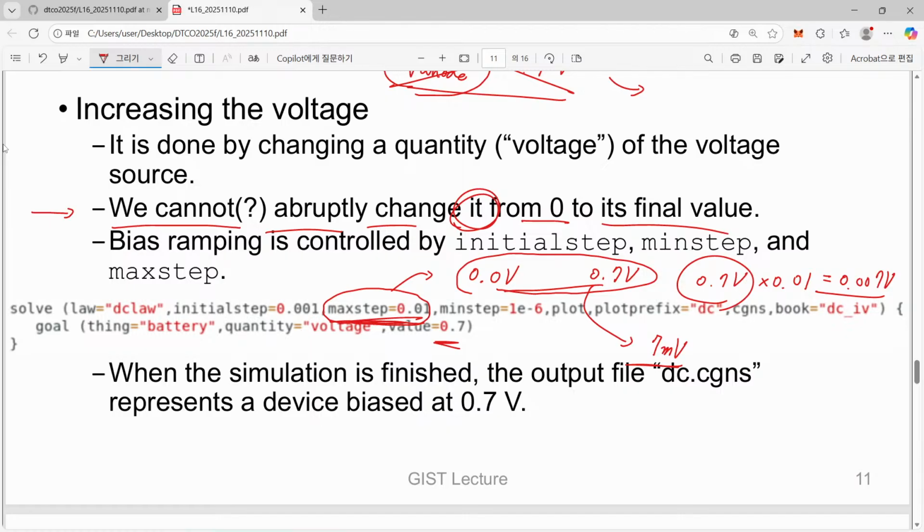So it is the main procedure to take our simulation time. Why do we have to wait? The reason is, although we are interested in 0.7 volt, we must solve 0.007, also 0.014, 0.021, something like that. Yes, that is the reason.